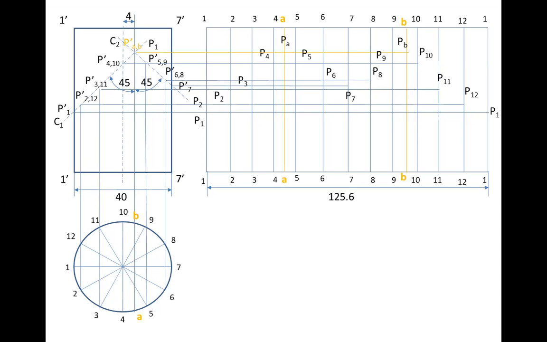Now we just have to join these points with a smooth hand. You will get the development. So unwanted parts are to be cut and remaining parts are to be made bold. So join these points. So this edge is here from 1 to P1. And then from that you can continue your work.